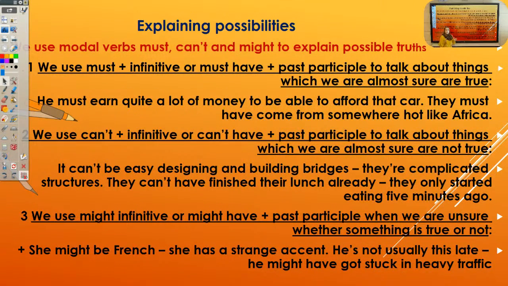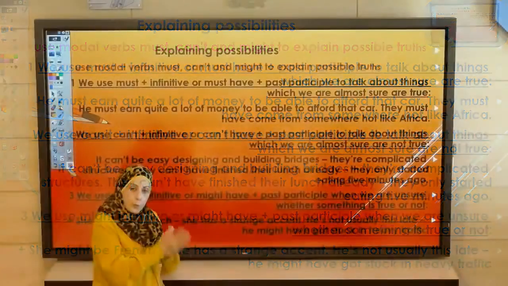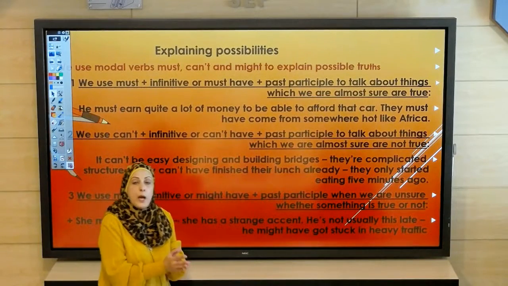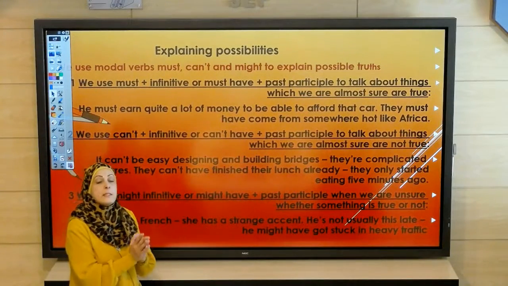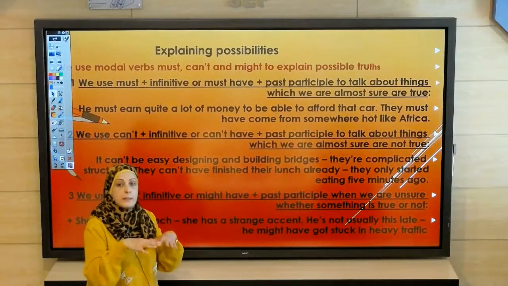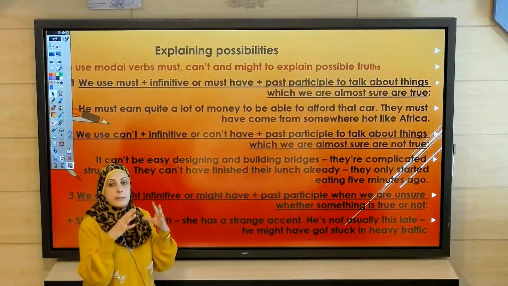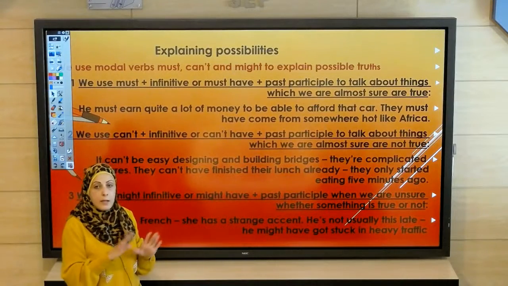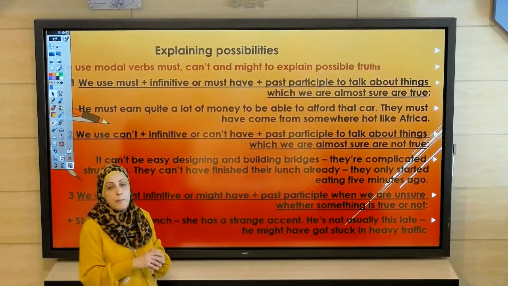Okay, must. If we are sure that something is true, we use must. When we are sure that something is not true, we use can't. If we are not sure, okay, we use might.